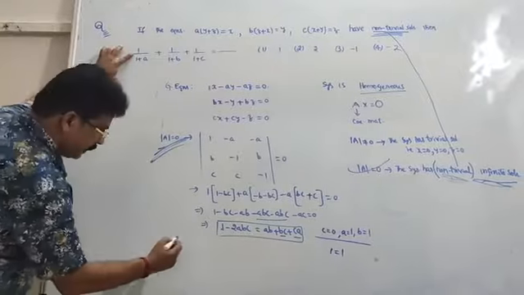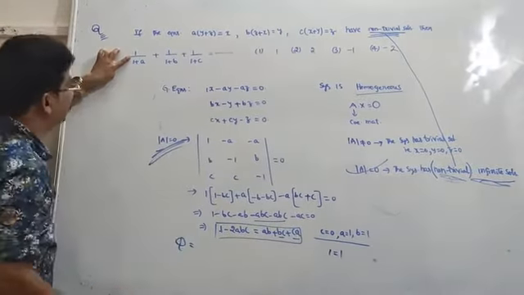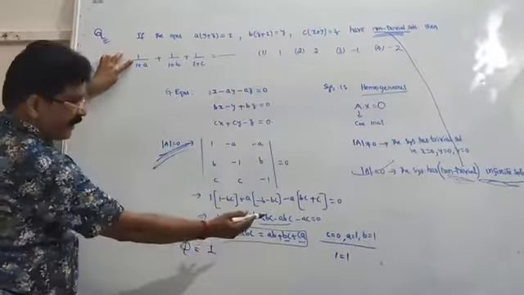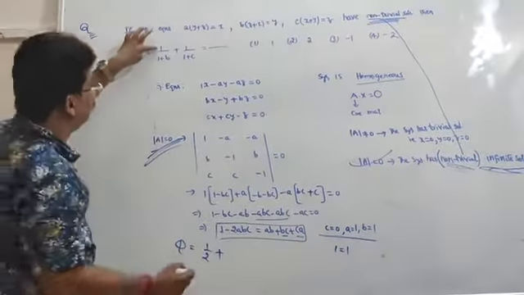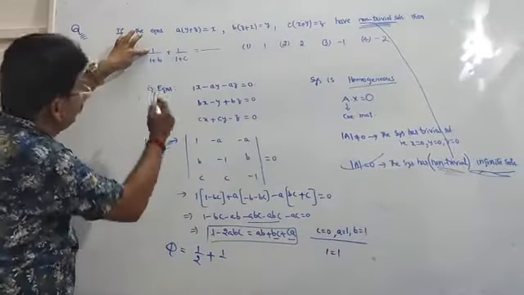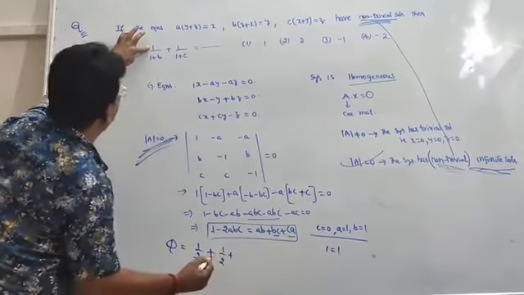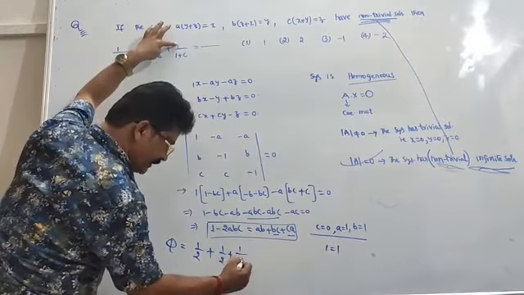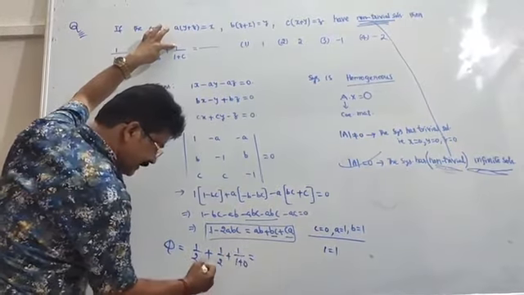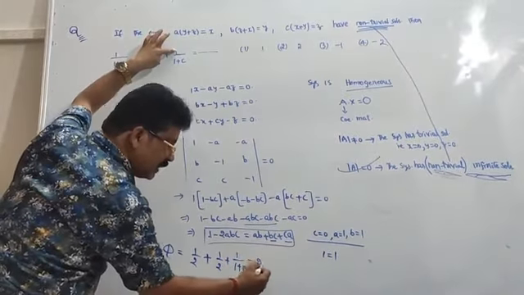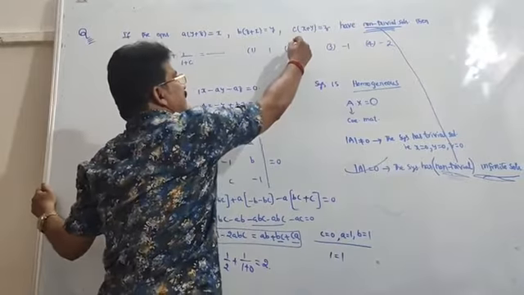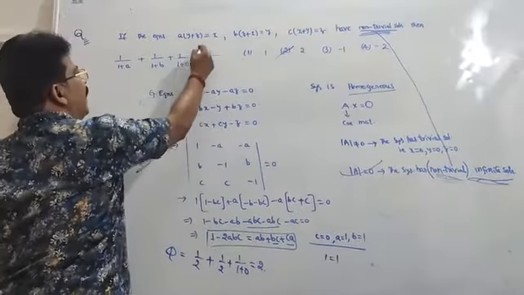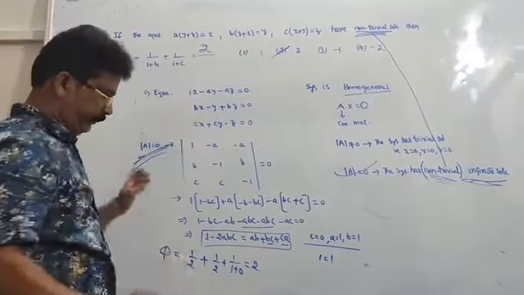Hence the expression 1/(1+a) + 1/(1+b) + 1/(1+c) equals 1/2 + 1/2 + 1/1, which is 1 plus 1, so 2. In which option is 2? The second option. Hence the second option is right. So its value is 2.